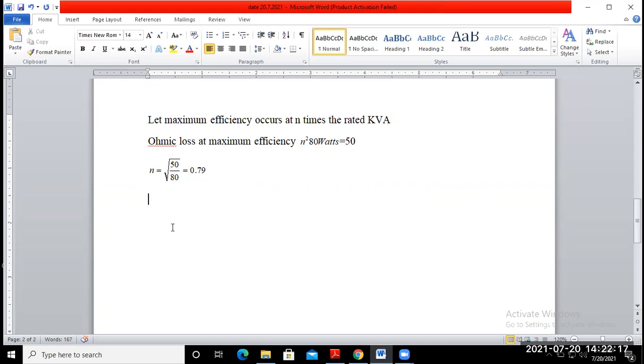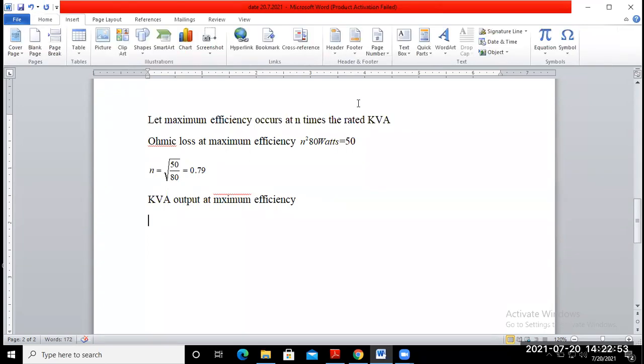That is, kVA output at maximum efficiency equals n into kVA at rated full load.